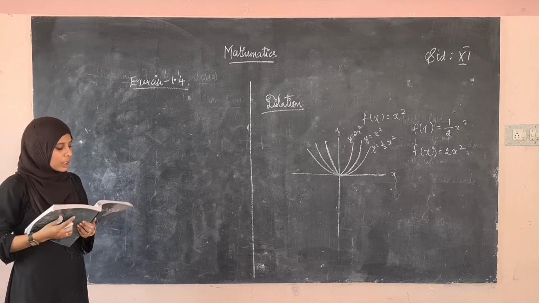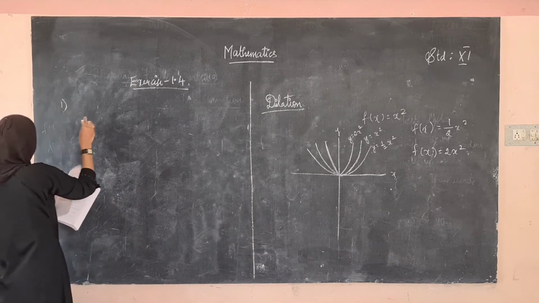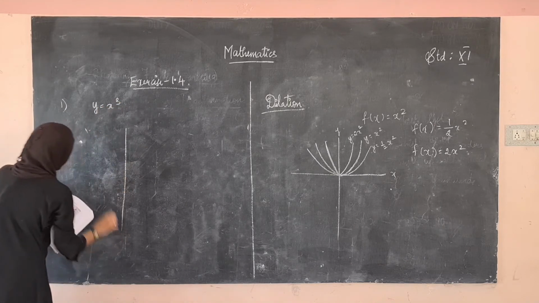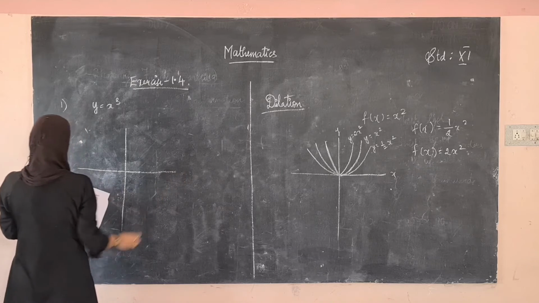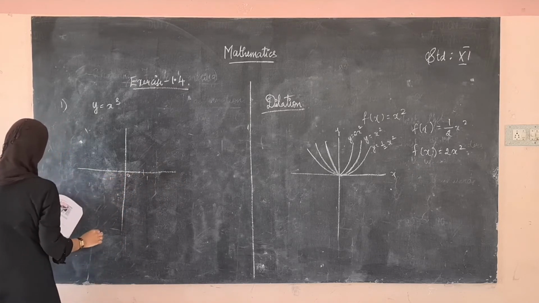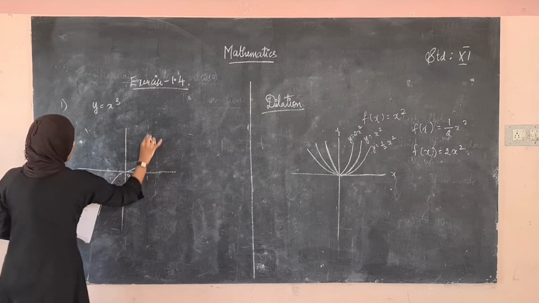For the curve y is equal to x cube, the curve given is like this.